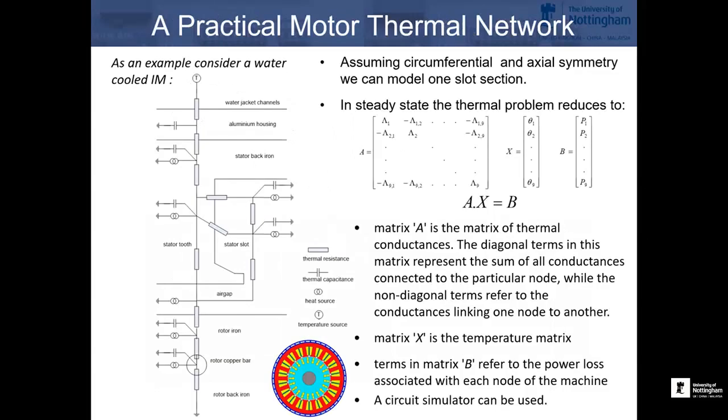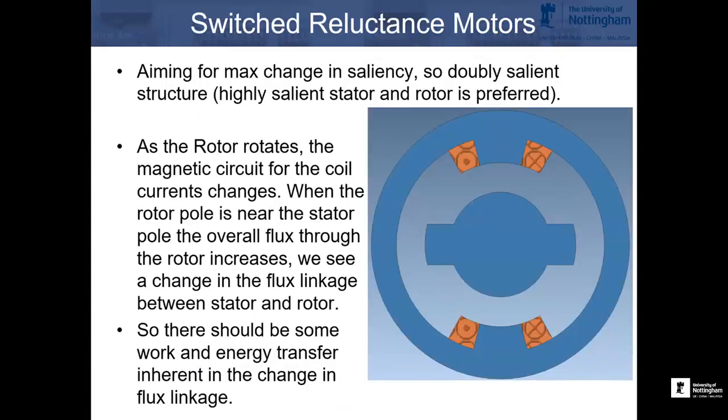And then we showed the more practical thermal motor networks, so how we build these up into much more complex networks where each component is represented in terms of thermal mass, its resistive connection to other elements. And although this looks complicated, solving this with a computer system takes very, very little time and gives us very good thermal models.